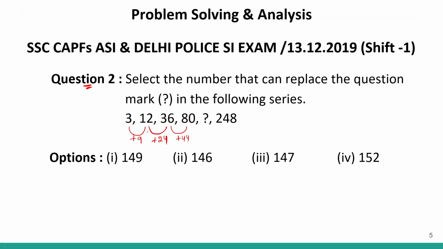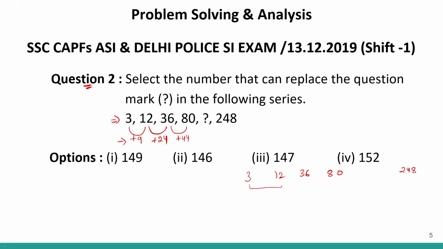I told you that whenever you get a question like this in which you cannot get a logic, try to break them down to the smallest number. So let us do it over here: 3, then 12, then 36, then 80, then the missing term, and 248. Let us leave 248 for a while.